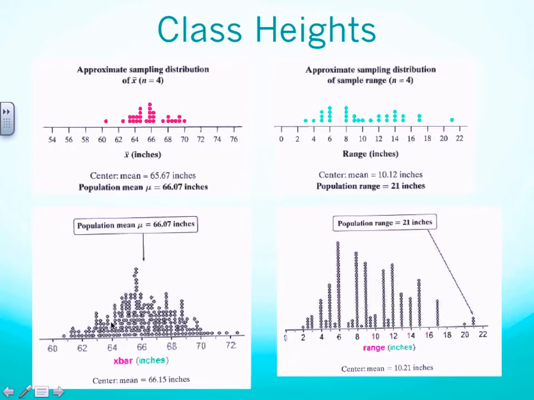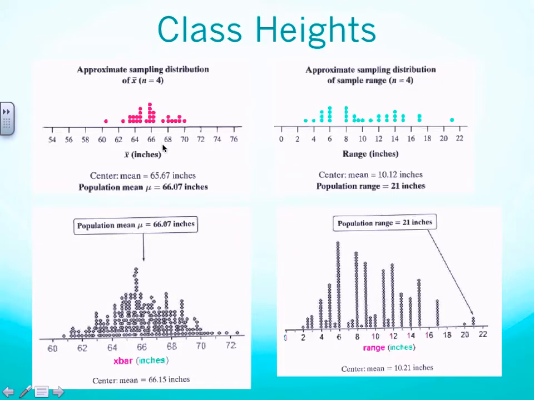In the dot plot below, I would assume that it is the same sample size. There are still 4 students in each sample, but they're clearly taking a lot more samples down here. So as you can see, both of them are centered around the actual mean. So the population mean was 66.07 in the one above.